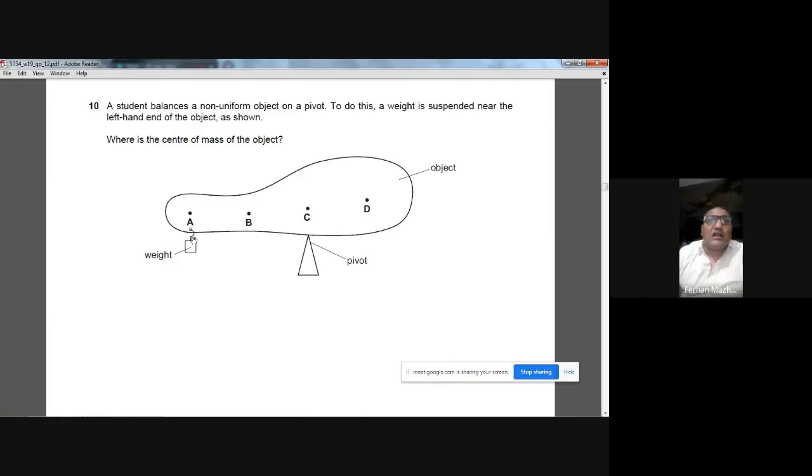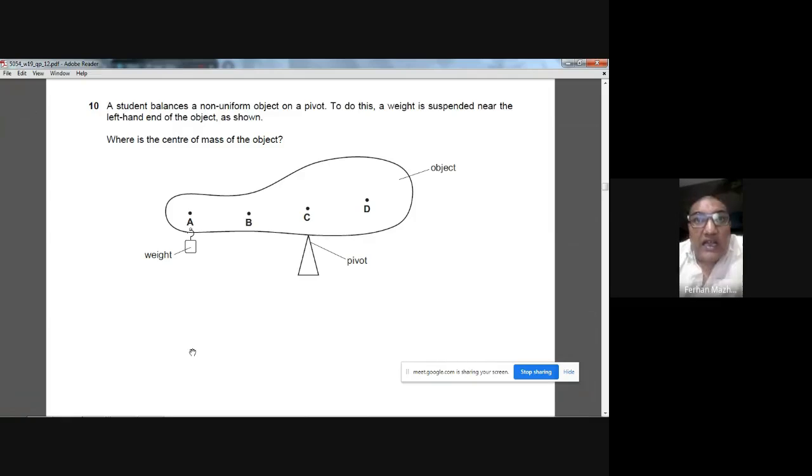He has hung a weight here. So not just the weight of the object is acting here, an extra weight is hung at point A, sorry, and because it is acting here, it's trying to produce an anti-clockwise movement about the pivot.